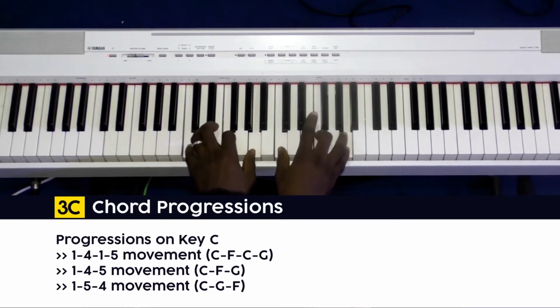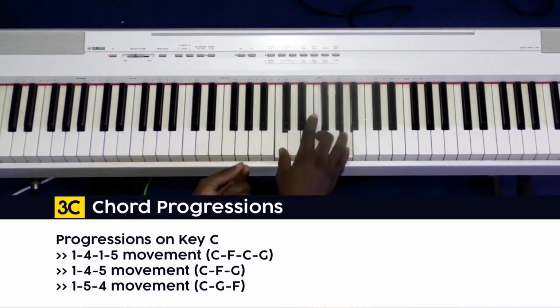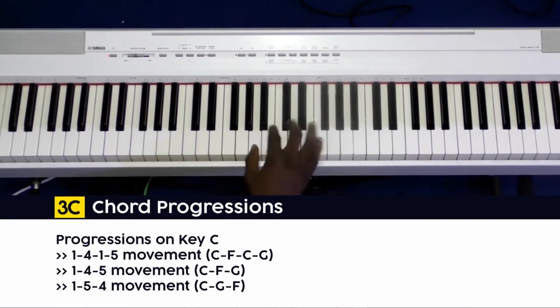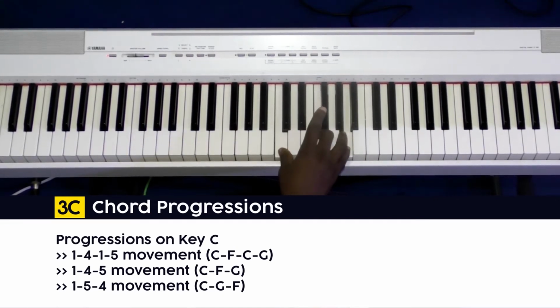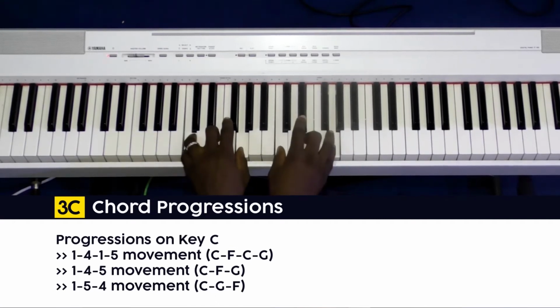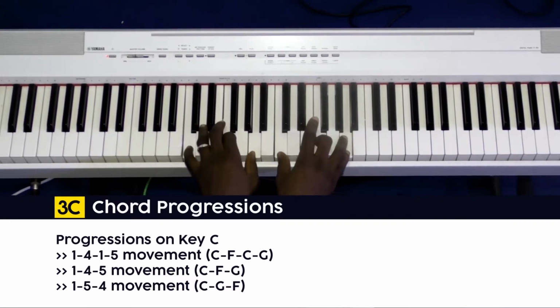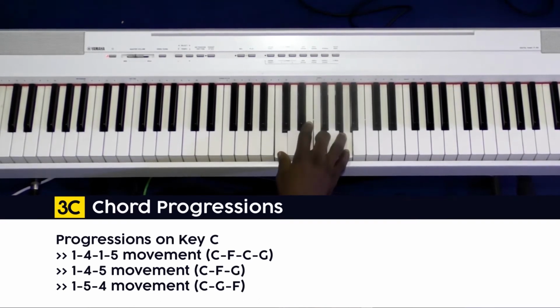Remember, the F major is the second inversion of the root chord. This is the root chord. This is first inversion, and this is second inversion. So simply, when you're playing C major chord, your root chord, and you want to move to your fourth chord, you simply move to the second inversion. And that makes your playing very, very easy.